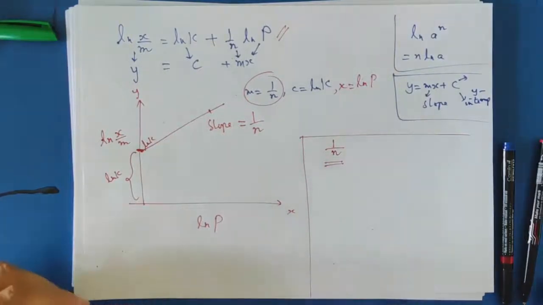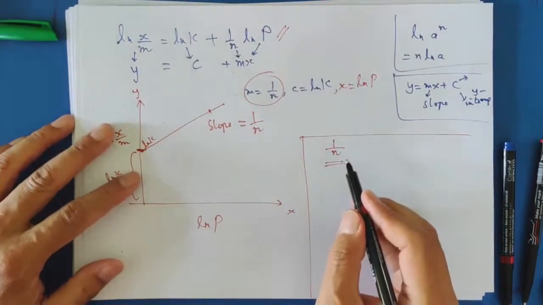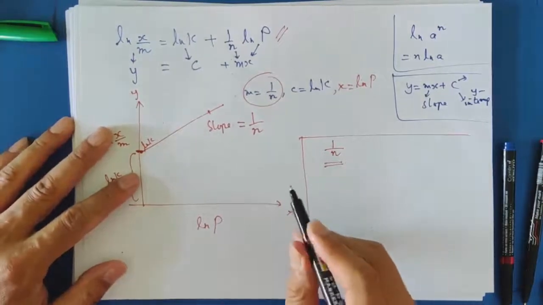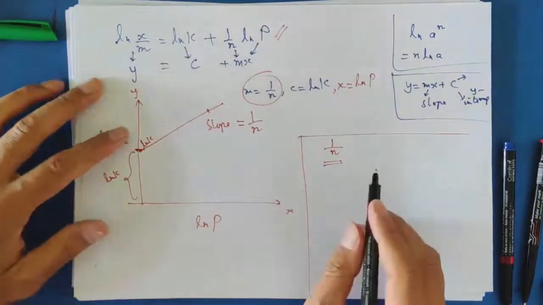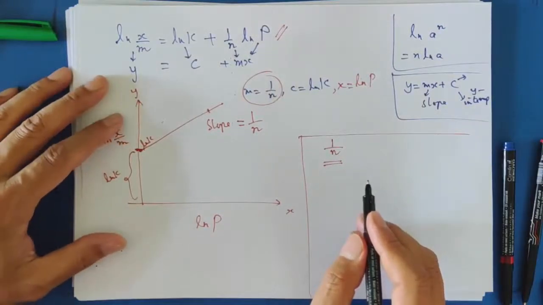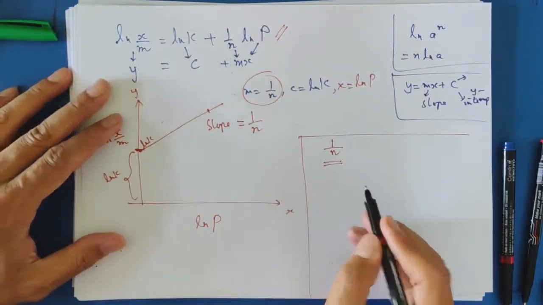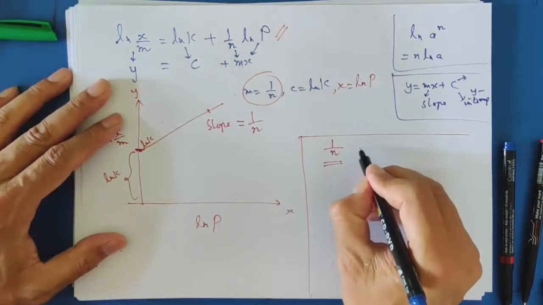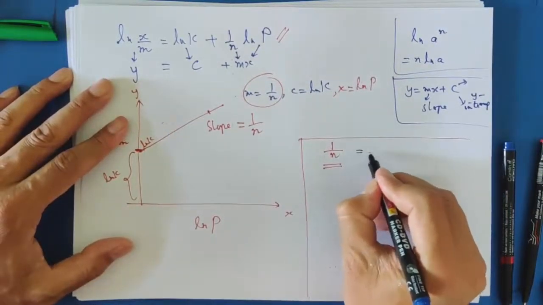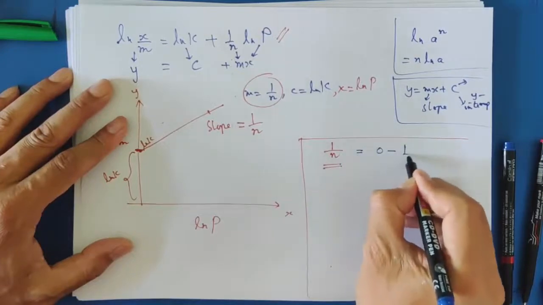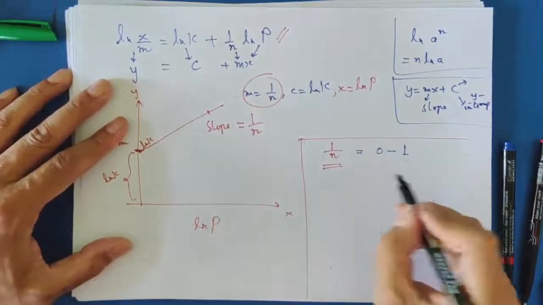N is a value which depends on the nature of the adsorbent and adsorbate. This is the slope. And experimentally, the 1 by n value is from 0 to 1.